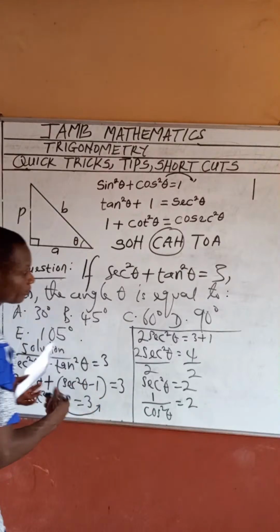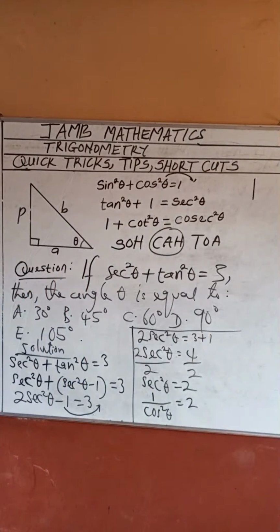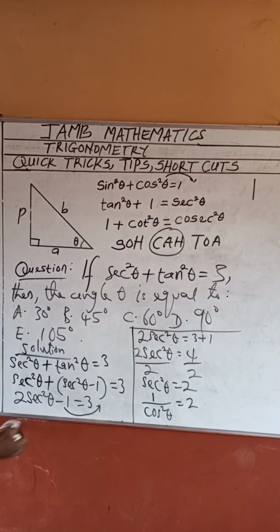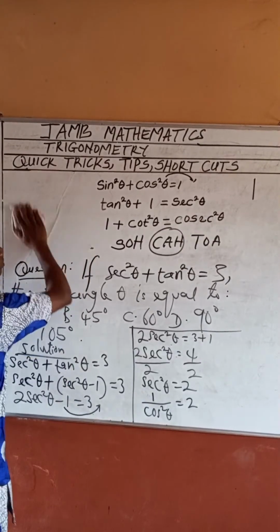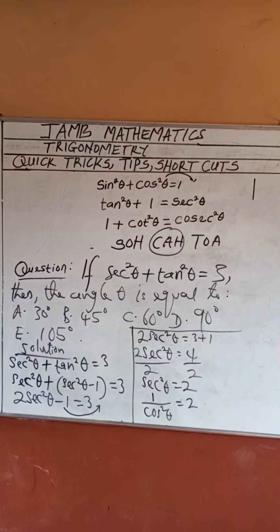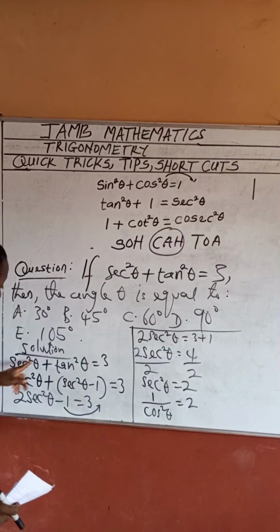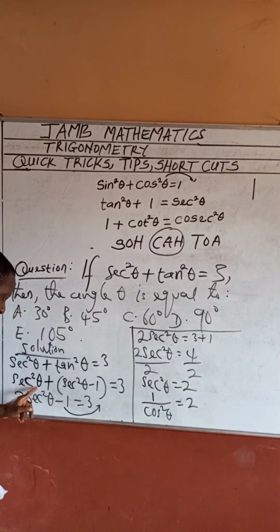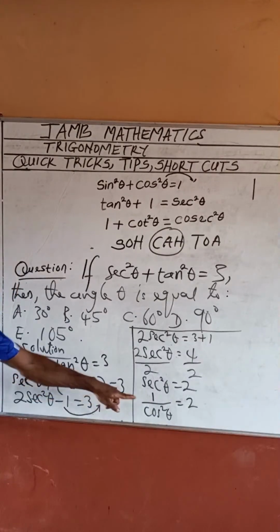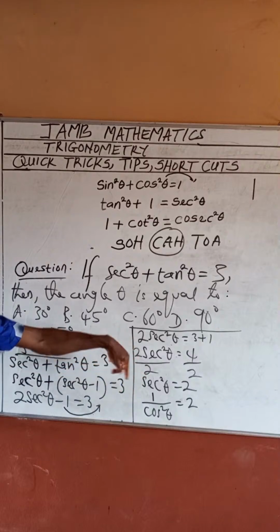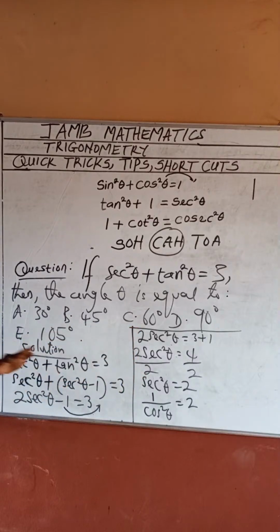What is cos square theta? I know I'm taking a long journey, but don't worry. We are going to find a better way out. Miss Sandra Esther got her own fast because she transformed hers to tan, but I'm using sec. That's why it's longer. Don't use sec because sec will be longer, but tan will be easier.